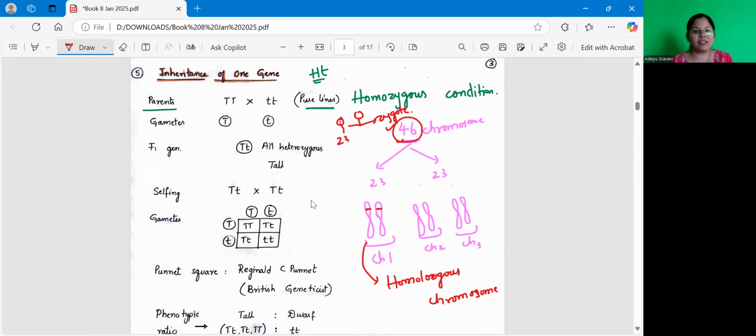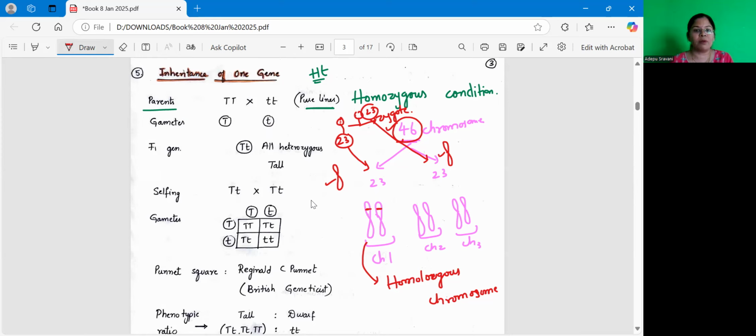Now, sperm will have 23 chromosomes, egg will have 23 chromosomes, isn't it? Both of them will fuse to form 46 chromosomes. So here, the two sets of chromosomes we have are from the parents, that is, one from father and the other set from mother. Let us say this is the first chromosome of father, and here also this is the first chromosome in the mother. Now this first chromosome of father and first chromosome of mother, we call them homologous chromosomes.